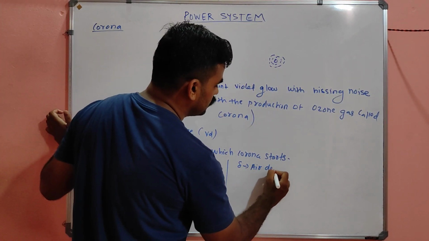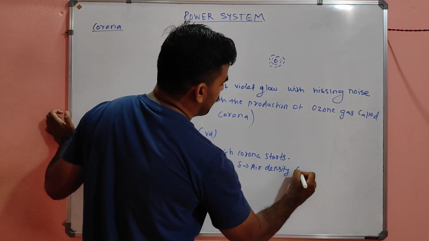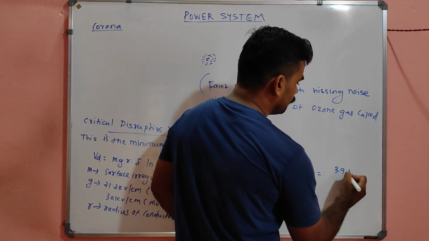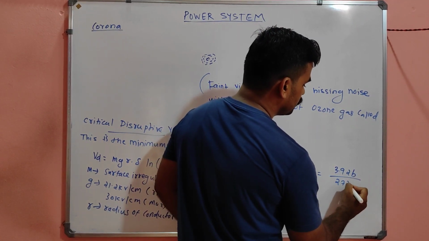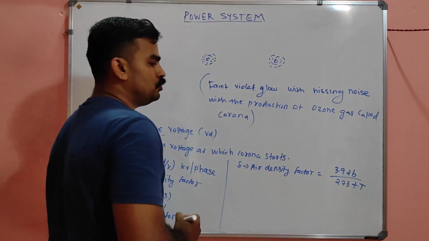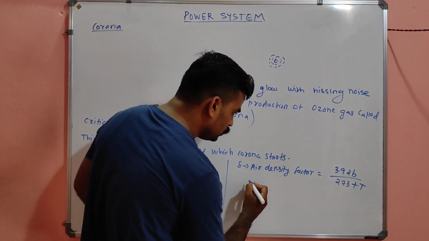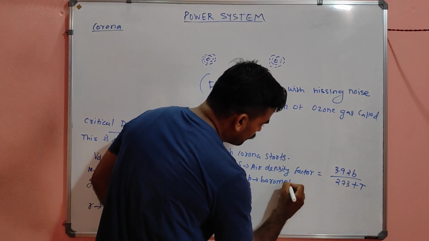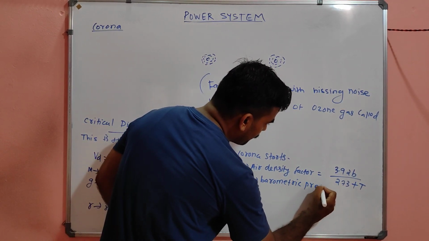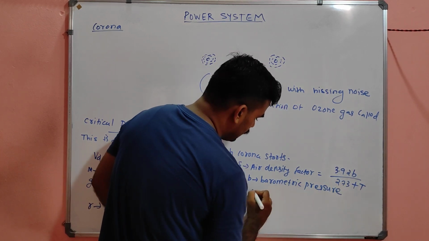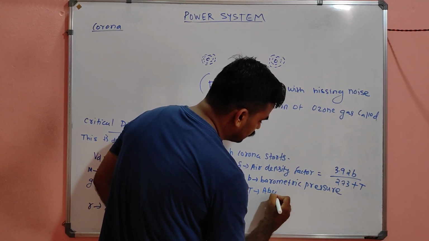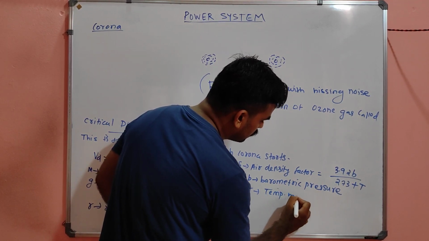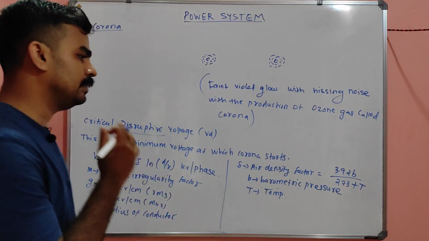Delta is called the air density factor. It is 3.92 B divided by 273 plus T, where B is the barometric pressure and T is the absolute temperature, simply the temperature in Kelvin.